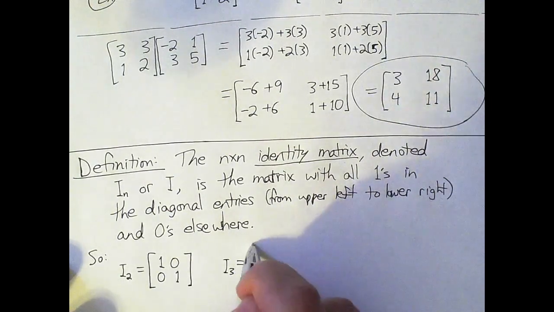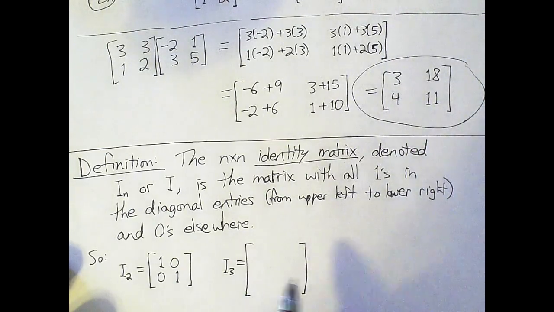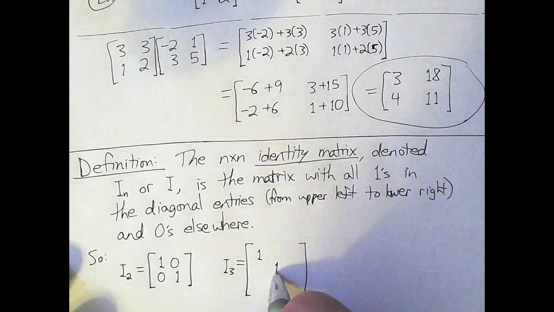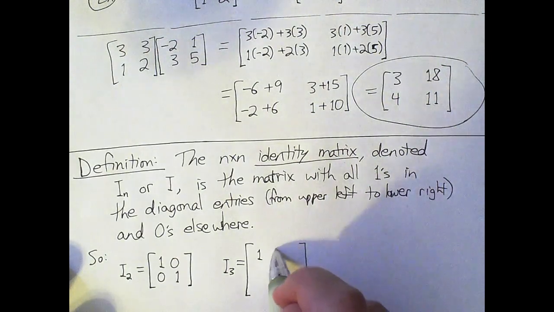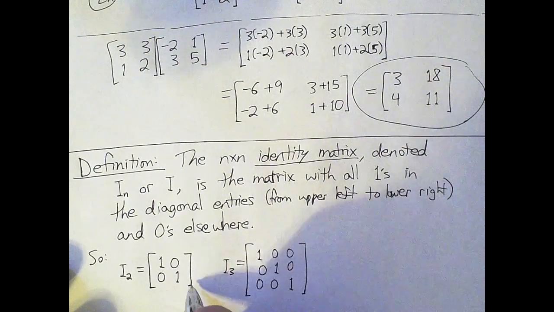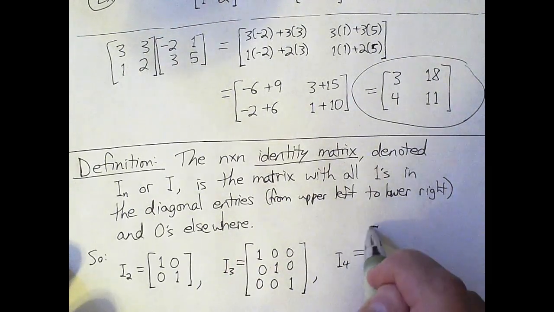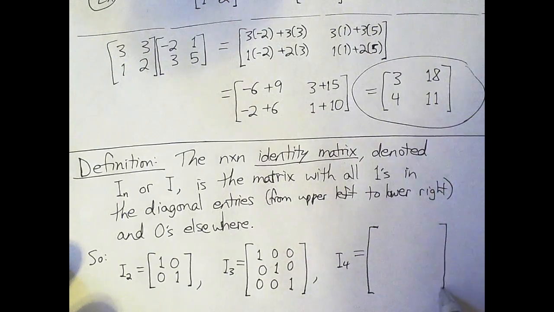I3 is a 3 by 3 matrix with a similar structure. From the upper left to the lower right, we put ones. I usually write those first. And then everywhere else, we put zeros. And let's write I4. I4, it's a 4 by 4 matrix. It's a square.